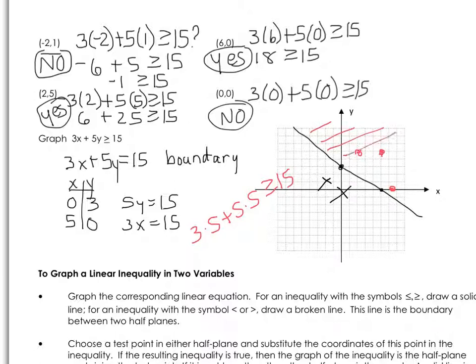It seems like all the points above this line represent solutions to the inequality. We know that the boundary, the line itself, is part of the solution because it can be equal to 15. But it must also be greater than 15, and that seems to only be happening where points are above the line.